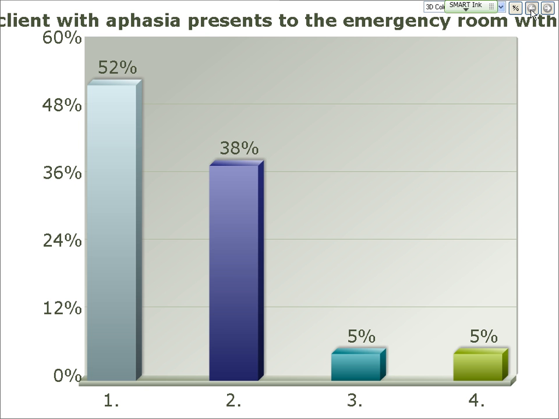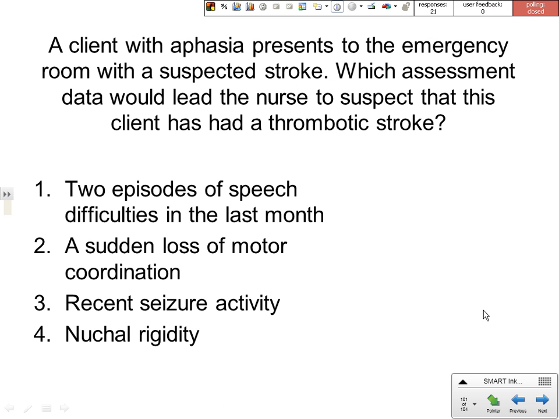Okay, so tell me why you picked them. Number 1, it's a gradual change versus hemorrhagic, which is sudden. Right. So there's two of the differences between the 2 types of stroke. Oftentimes, patients with ischemic or thrombotic strokes have had TIAs, or other types of episodes of speech problems.